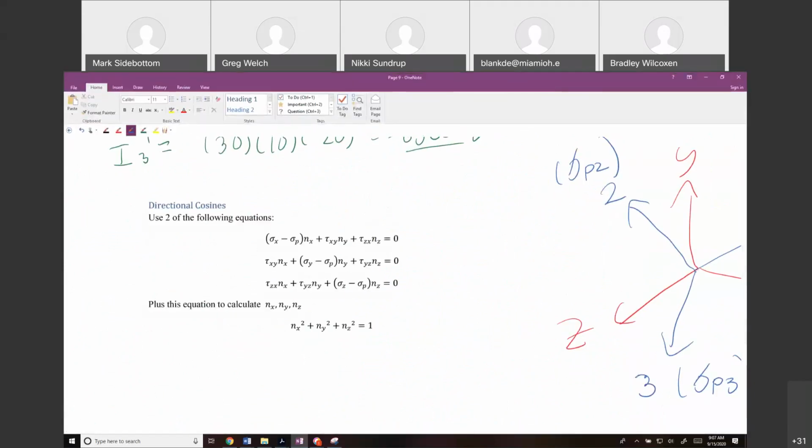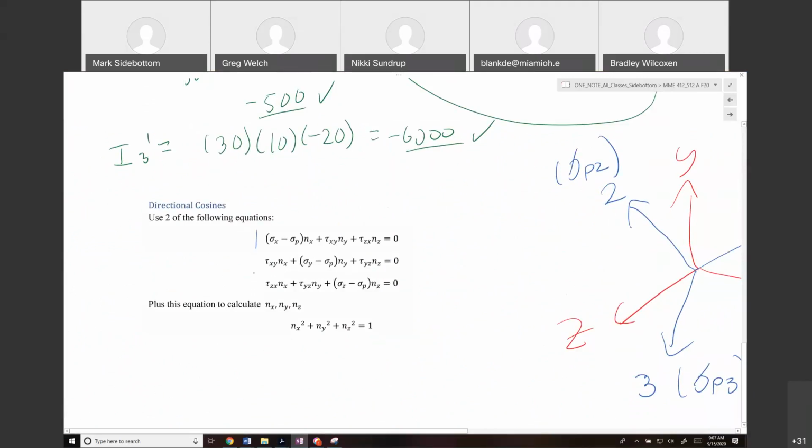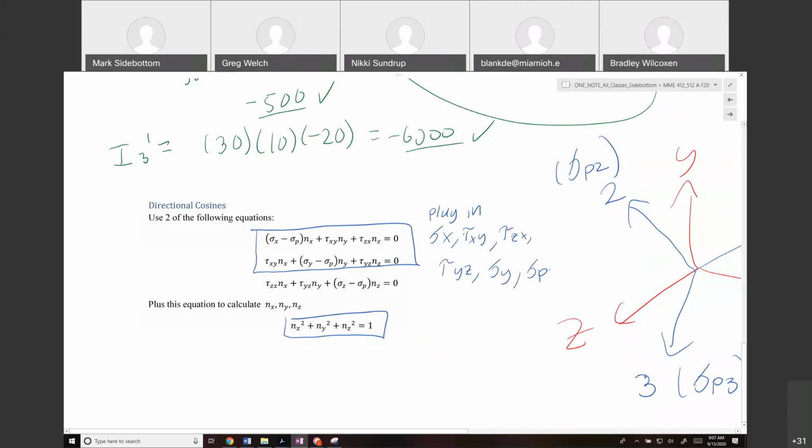What we're going to do is select 2 of these equations, and we're going to use one of these equations, and plug in sigma x, tau xy, tau zx, tau yz, and sigma y into these equations, as well as sigma p, to solve for nx, ny, and nz. Okay.